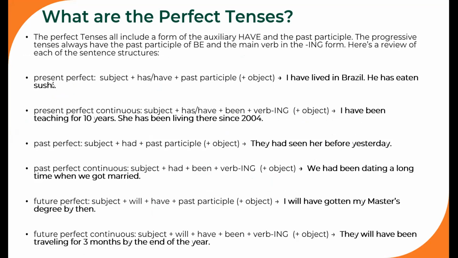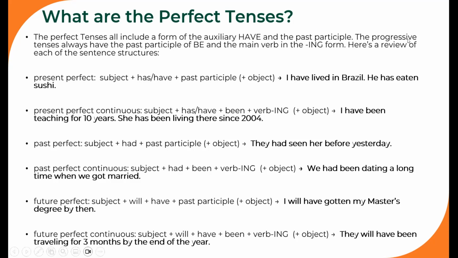So we have the present perfect. I will read the example. I have lived in Brazil. He has eaten sushi, okay? So this is an example of present perfect simple. Remember that these structures always include a form of the auxiliary verb have, and the verb in past participle. This is always included in the perfect tenses, right?